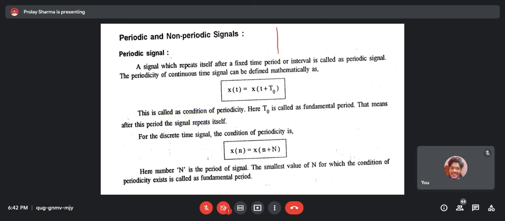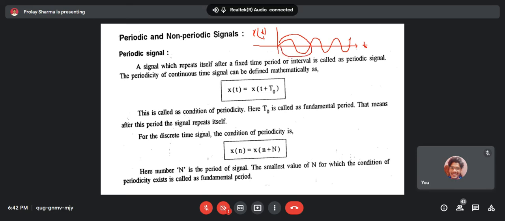Periodic signal means, suppose we consider this type of signal, then we can observe that the same shape repeats after some definite time period.